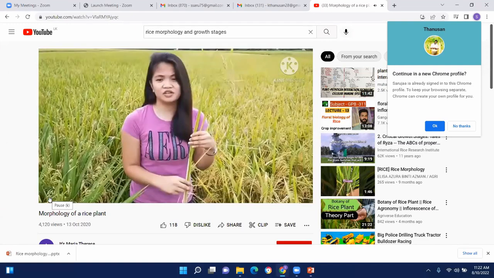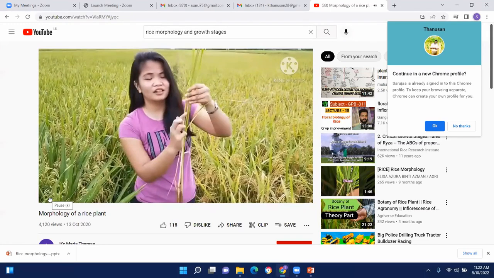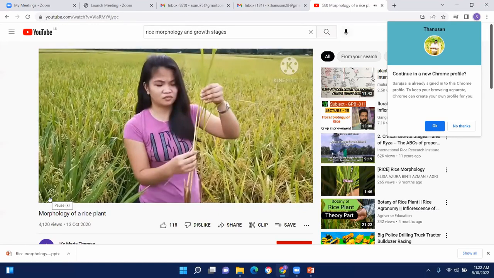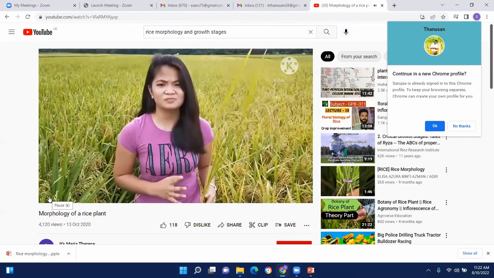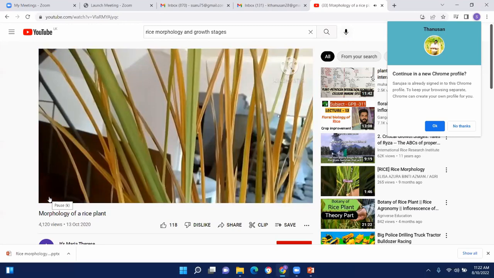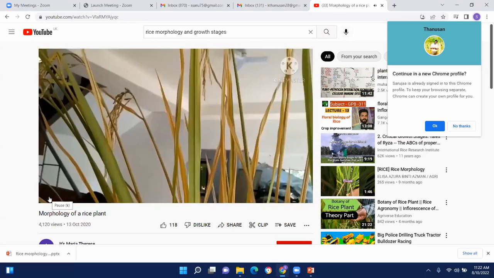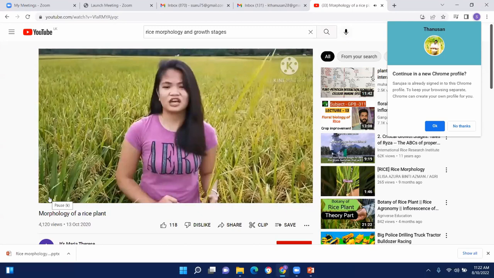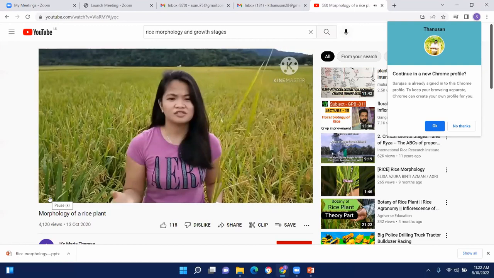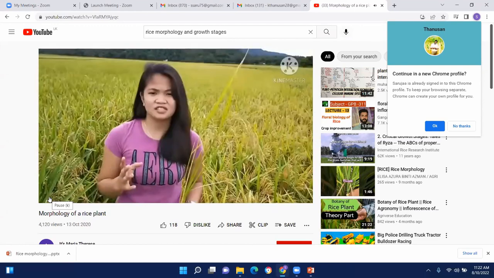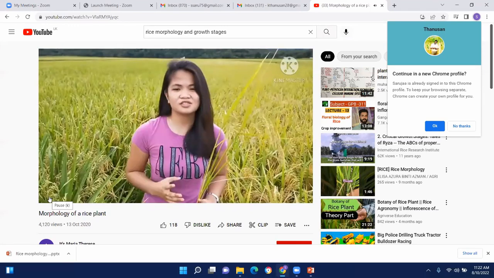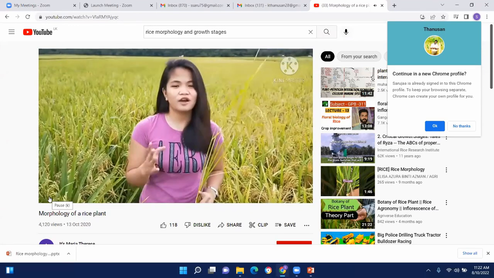Generally, the matured internode is hollow, finely grooved and glabrous on the outer surface. The third major part of the rice plant is the leaves. These leaves function as the principal organ of photosynthesis and respiration because they contain chlorophyll-containing cells which convert sunlight to chemical energy and synthesize organic fuel compounds from inorganic compounds.